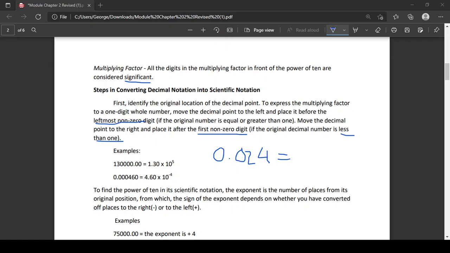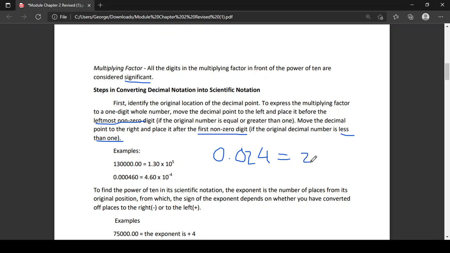Yes, sir. 0.024. Convert it into scientific notation. 2.4, sir. 2.4 times 10 raised to 2. Very good, Ernesto. Times 10 raised to the power of negative 2.